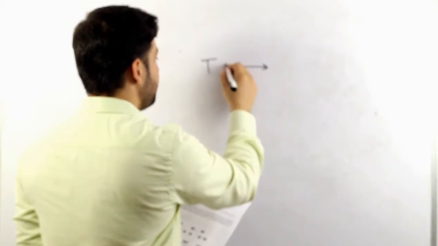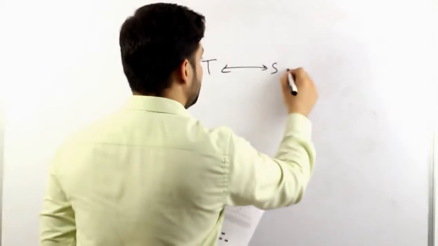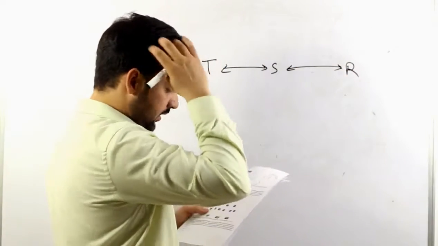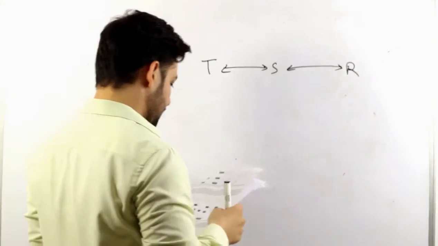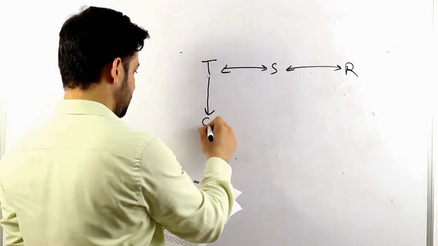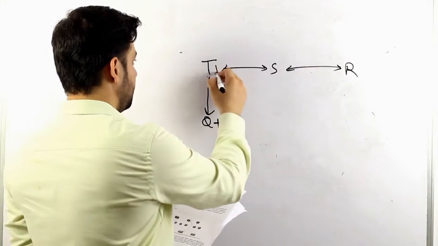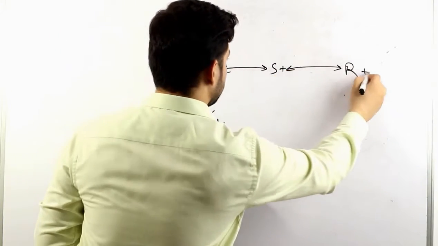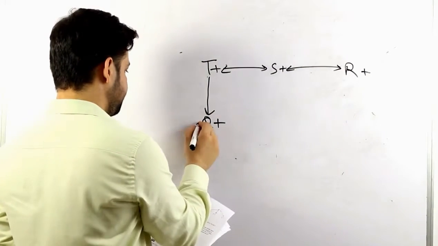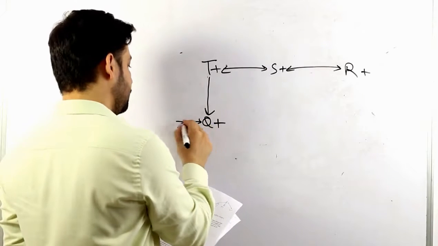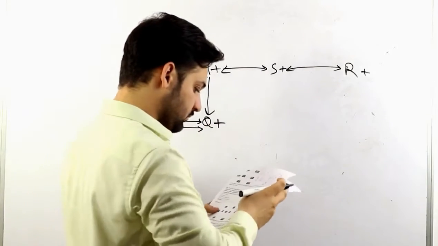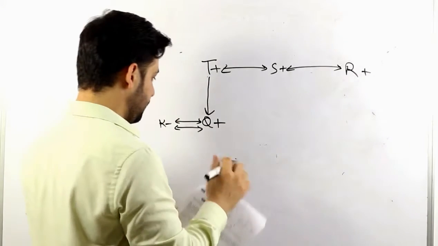T, Mr. S and Mr. R. These are three brothers, so give it plus, plus, plus. T's son Q is married to K. Double arrow because he is married. They have one child, Rahul, born to them.